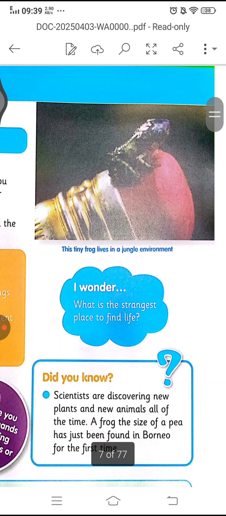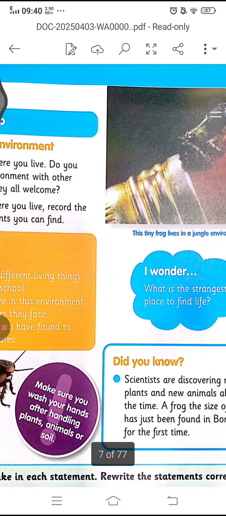Wherever we live on the earth, there are different types of plants, different types of animals, birds, and whenever we go to the sea, there are different water animals. Whenever we go to visit the mountain, there are the mountainous animals.